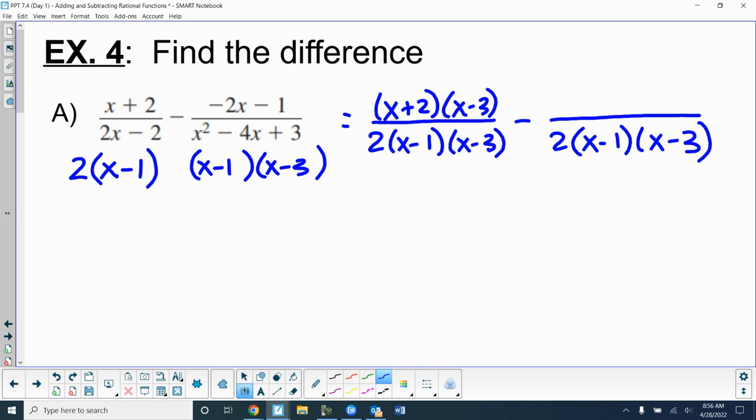Here's the original second denominator. Here's our common denominator. What do we do to it? Multiplied by 2, right? So I got to multiply this by 2. Questions?